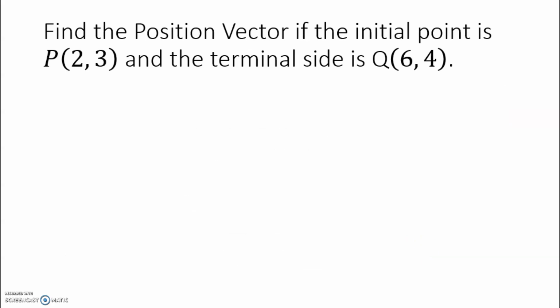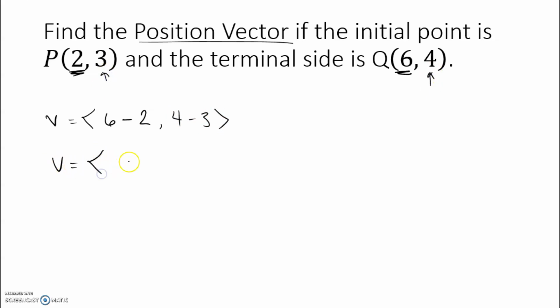Say we're going to find the position vector of the initial point P, 2, 3, and the terminal point Q, 6, 4. With this V for vector, make sure this has a point to it because that says that this is a vector. The terminal side, 6, minus the initial side, 2, so I'm taking the first components, comma, 4 minus 3, the second components.